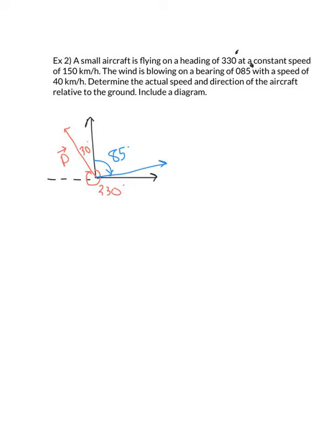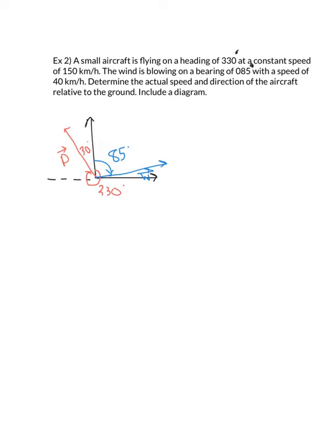I'm going to label this blue vector right here vector W for wind. The wind is blowing on a bearing of 85 degrees with a speed of 40 kilometers per hour. Determine the actual speed and direction of the aircraft relative to the ground.